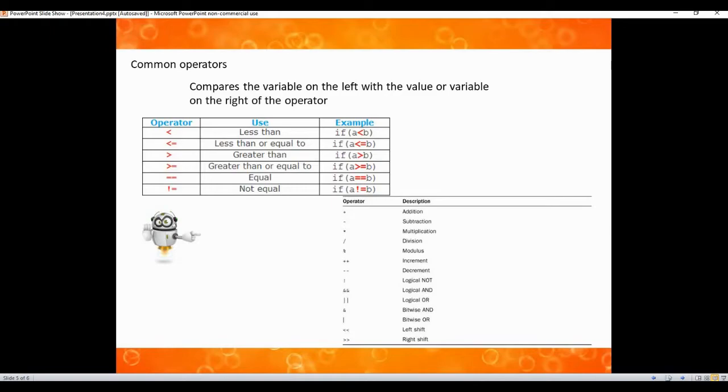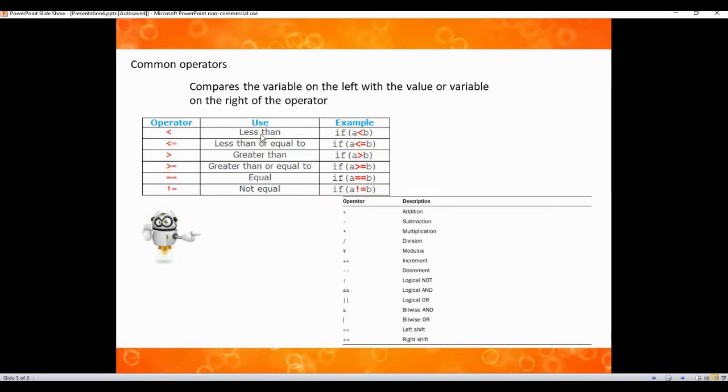Now I want to talk to you about common operators. What they do is compare the variable on the left, i.e., some sort of statement or variable which you declared, let's say LED1, with the value or variable on the right of the operator. So on each of the sides you can have, let's say, LED1 does not equal LED2.